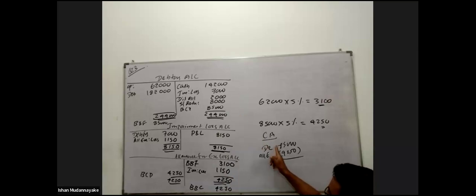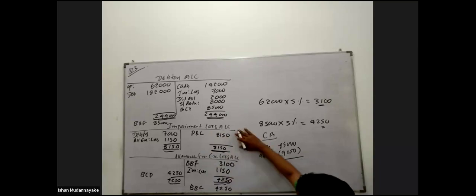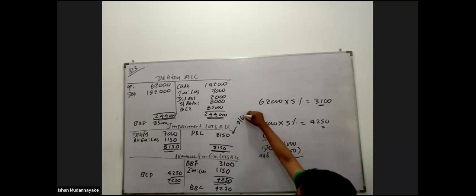In the P&L, total 8,150 is transferred to distribution expense.